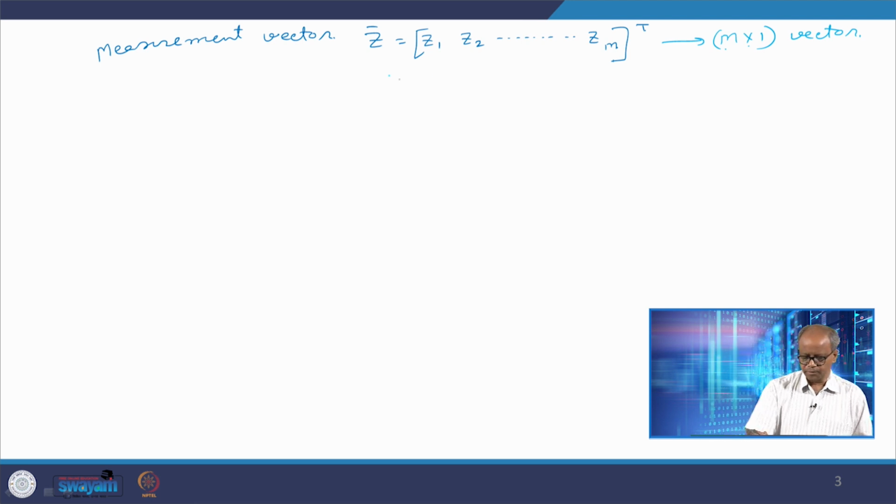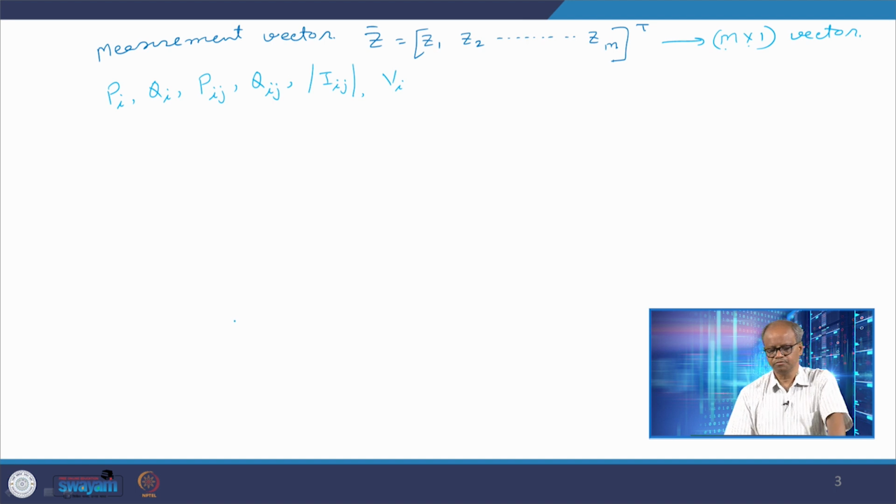Now, these measurements can be, for example, P i, that is the injected real power at the ith bus, Q i, the injected reactive power, it could be the real power flow over the line P ij, the reactive power flow over the line Q ij, the magnitude of the current flowing over the line I ij, V i, that is the magnitude of the voltage at the ith bus, etc. Now, suppose I have one measurement P2, say for example z2 is equal to P2.